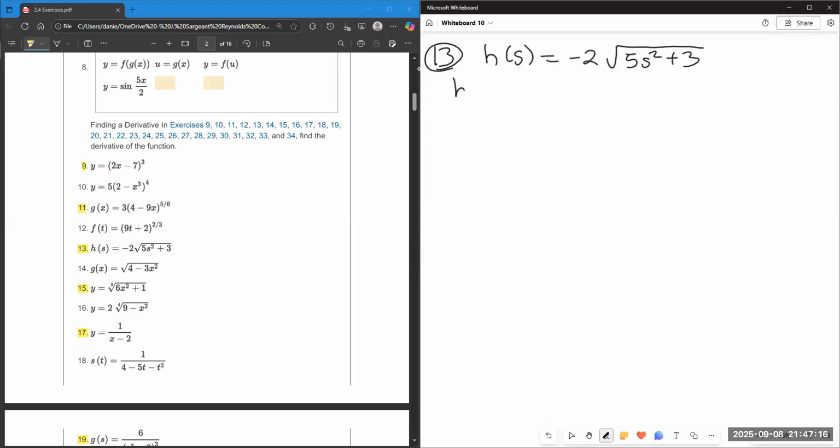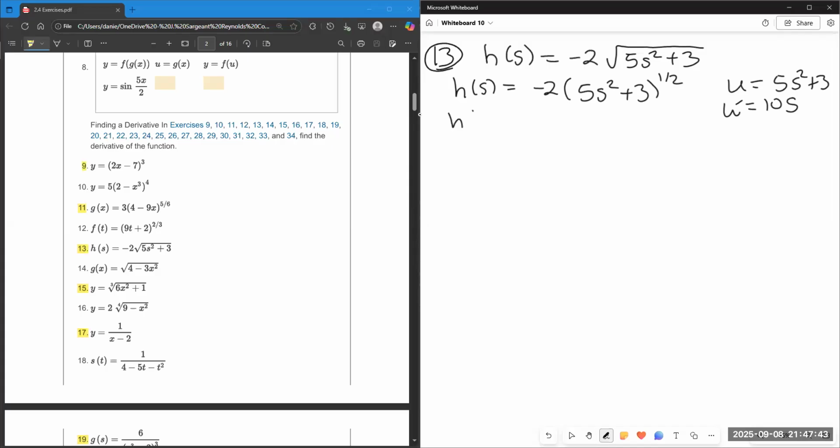That is the same thing as h of s is equal to a negative 2 times the quantity 5s squared plus 3 raised to the 1/2 power. So I see my inner function u is 5s squared plus 3, and my u prime will be 10s.